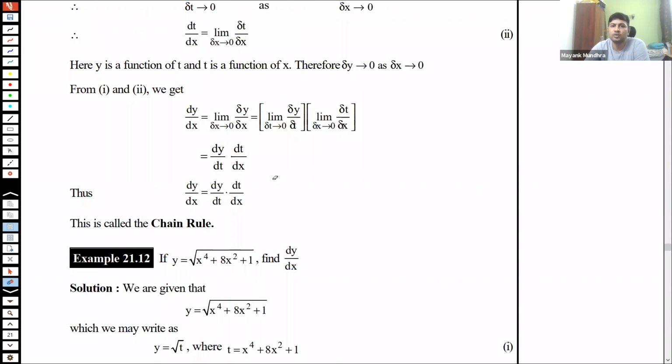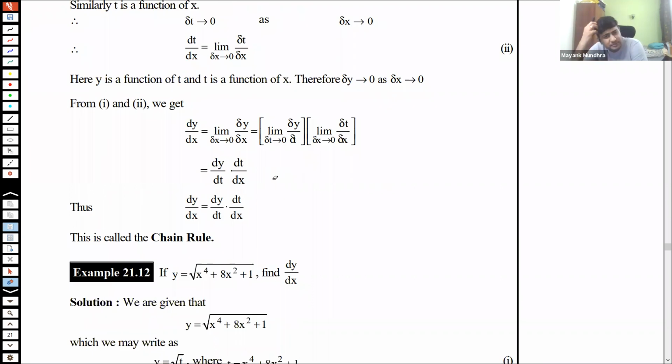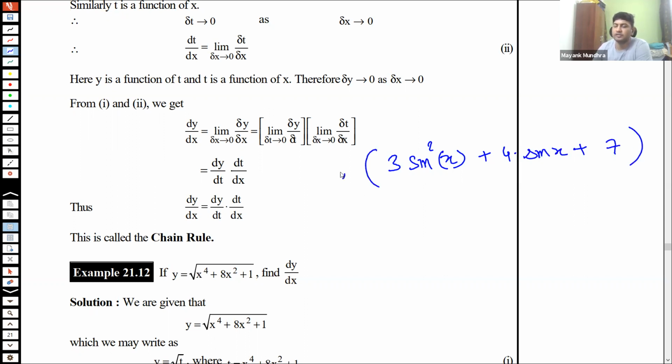Okay, next we are going to look at chain rule. So how does chain rule work? Suppose I am given a function, like I told you, 3 times sine square x plus 4 times sine x plus 7, and I want to differentiate this with respect to x.